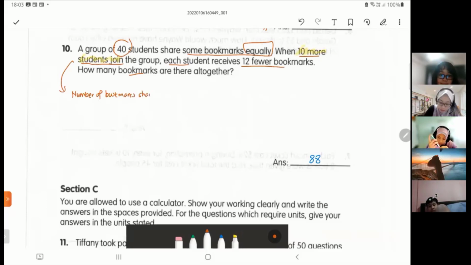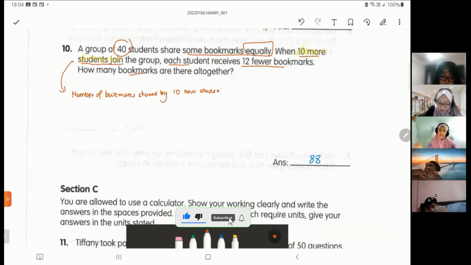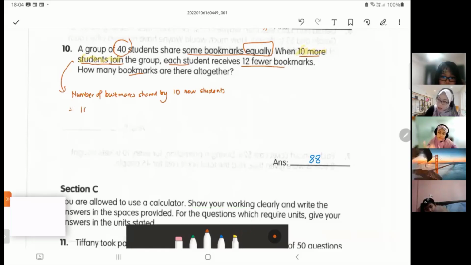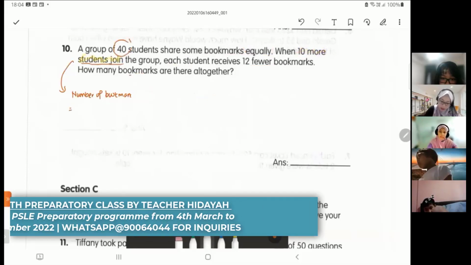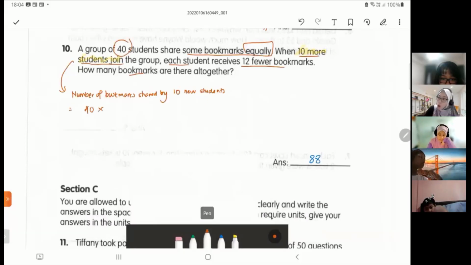That will be 10 times, sorry, not 10, 40. 40 times your 12.